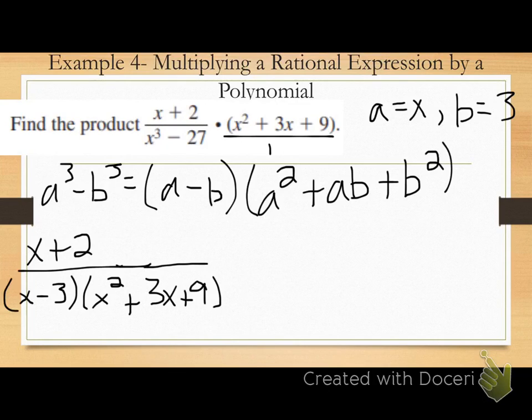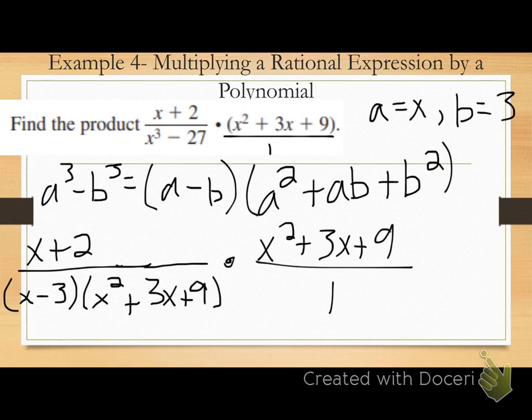Can x squared plus 3x plus 9 be factored further? Using just our normal factoring method? Do I have two values that multiply to give me 9 and add to give me 3? I do not. So now let's go ahead and write this other rational expression. Everyone good with that?